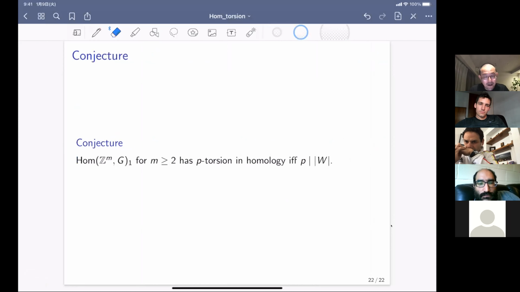Hom(Z^m, G)_1 for m greater than 1 has P torsion in homology if and only if P divides the order of W. So that means that it has all possible P torsion in homology. Okay, so that's all. Thank you.